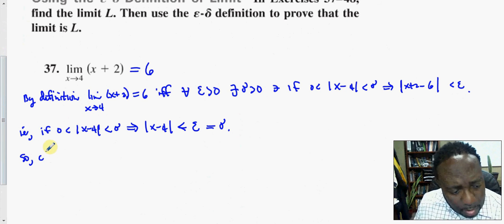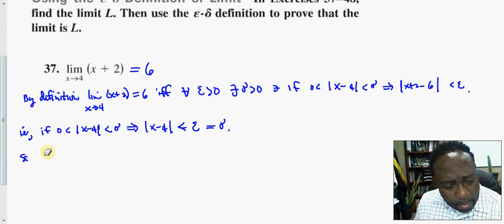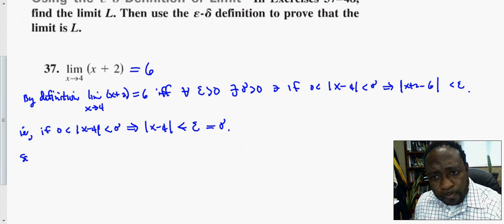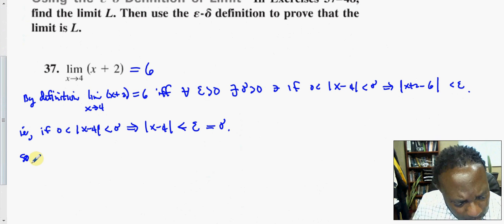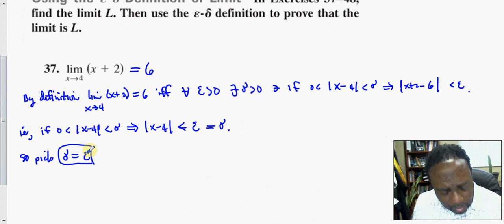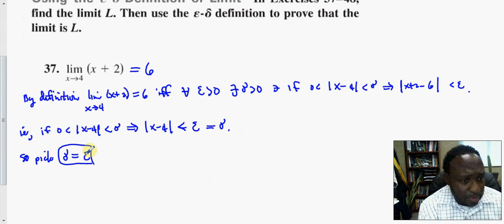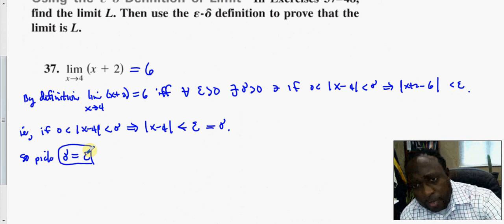So here we simply choose epsilon to equal delta. What this says is that it doesn't matter for the restriction of delta. The whole object is, can we find a suitable delta?